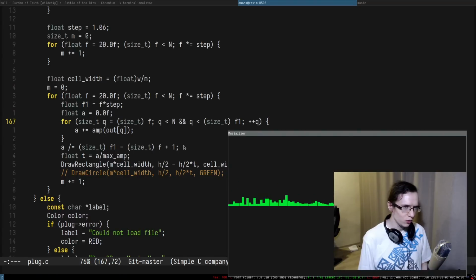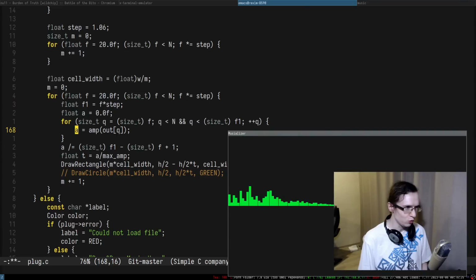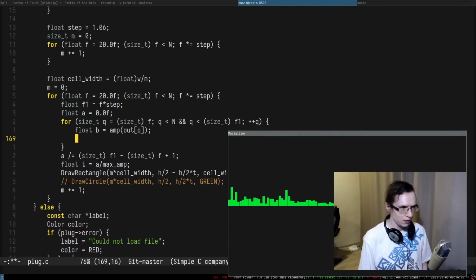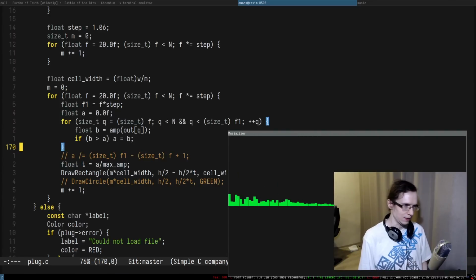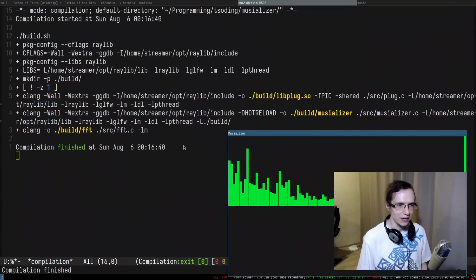So it's already 0, so it's already the minimum, which is all right. So let's assign the current amplitude to B. And if we find a B that is greater than A, this is the new value, the new representation, and we don't really have to divide by anything. We don't have to take an average or anything like that.